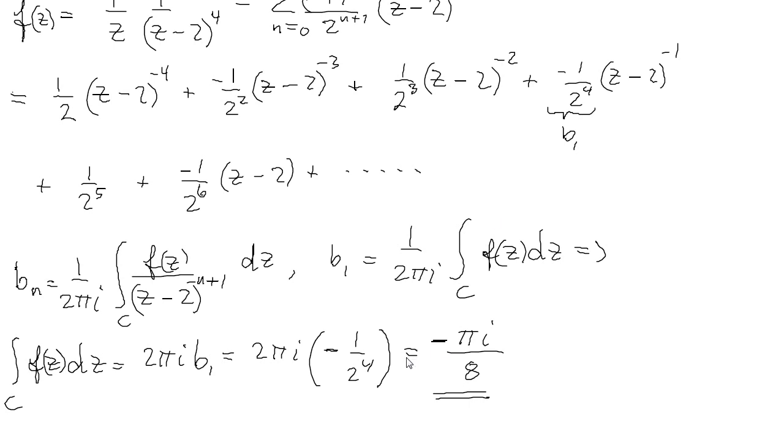And now I can find this integral just by multiplying this value by 2 pi i. So this integral is equal to 2 pi i times the residue b1, which, inserting the values here, I obtain the value minus pi i over 8.